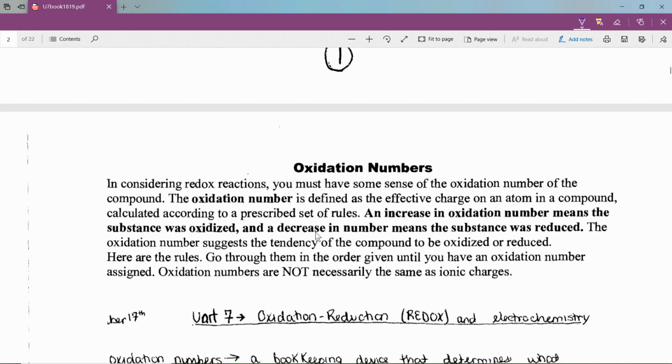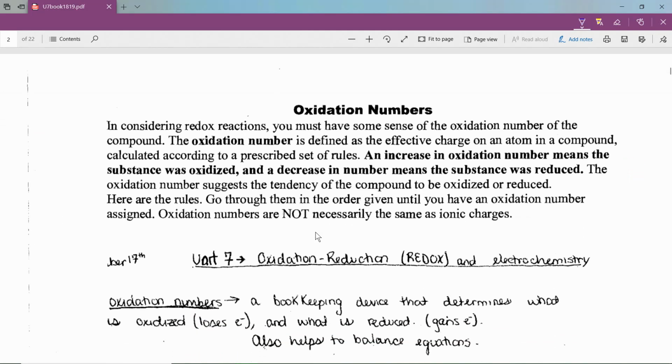So let's learn a bit about oxidation numbers, because they help us in less obvious situations to decide what's oxidized and what's reduced. That's important for balancing redox reactions, for titration, and for calculating voltages in electrochemical cells.